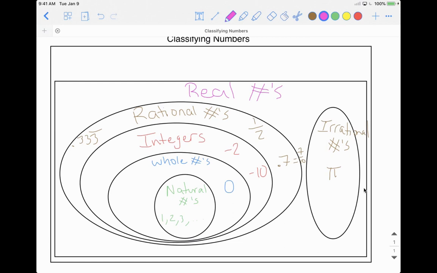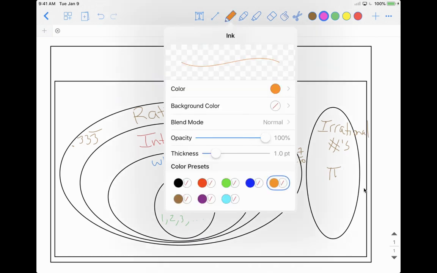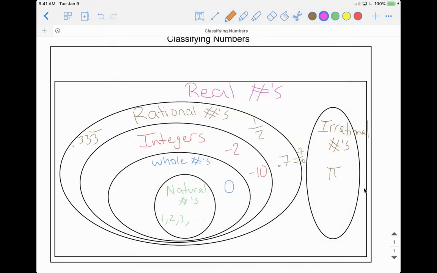It can be written as a decimal. Anything that does not involve where we're going to go, our imaginary numbers, right? So let's change our color, go orange. Our imaginary numbers fall into this category called complex numbers, right? And this is where that i comes into play that the previous video talked about.